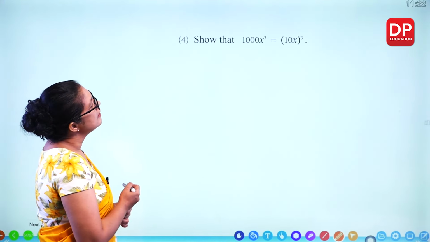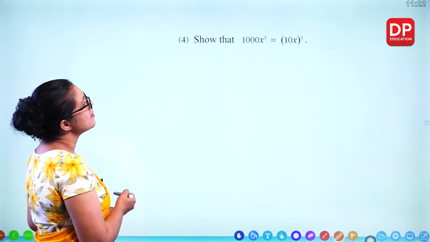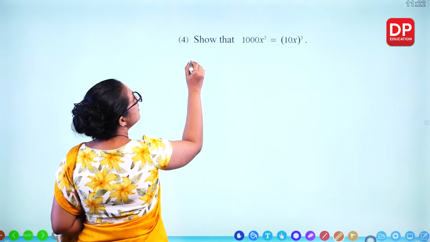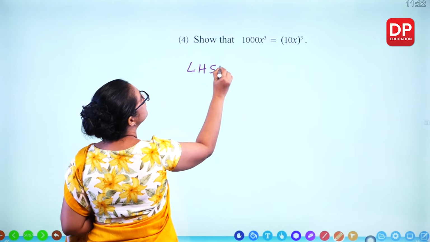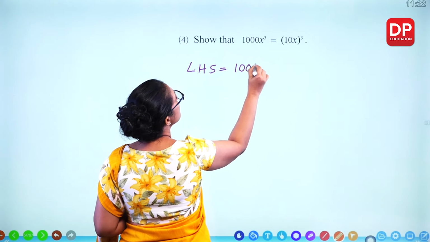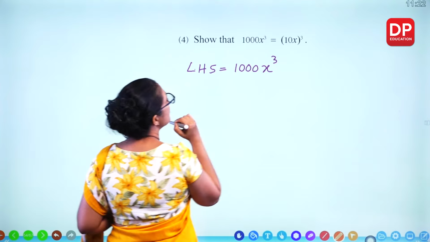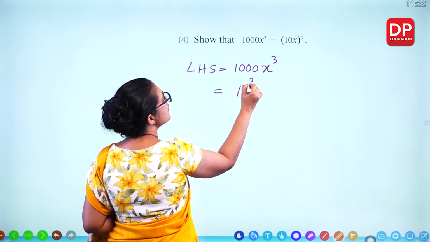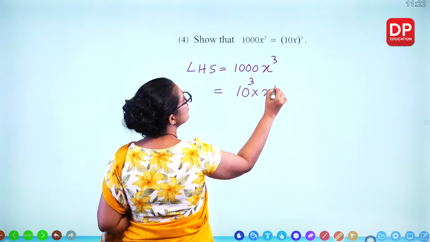Show that 1000x cubed is 10x whole thing cubed. So you will take the left hand side, 1000x cubed. What is 1000? 10 to the power 3 and x to the power 3.